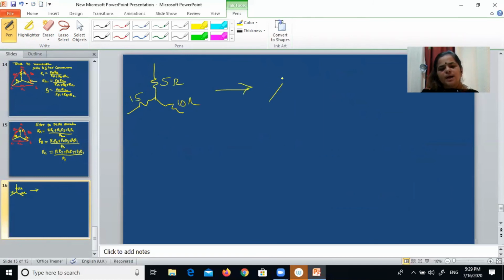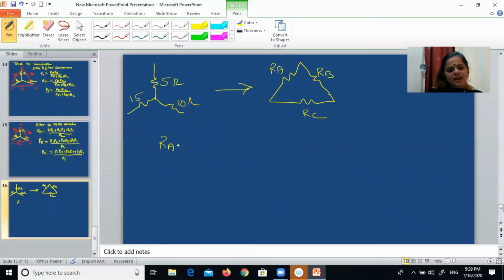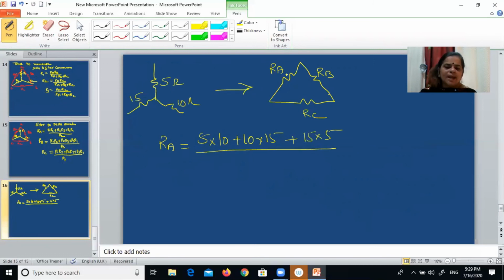Convert this into a delta and determine the value of RA, RB and RC. So we know what is RA. RA, numerator will be the same, 5 into 10 plus 10 into 15 plus 15 into 5. Now when we are going to calculate RA, what is the opposite diagonal element of the star? That is 10. So this much ohms will be RA.